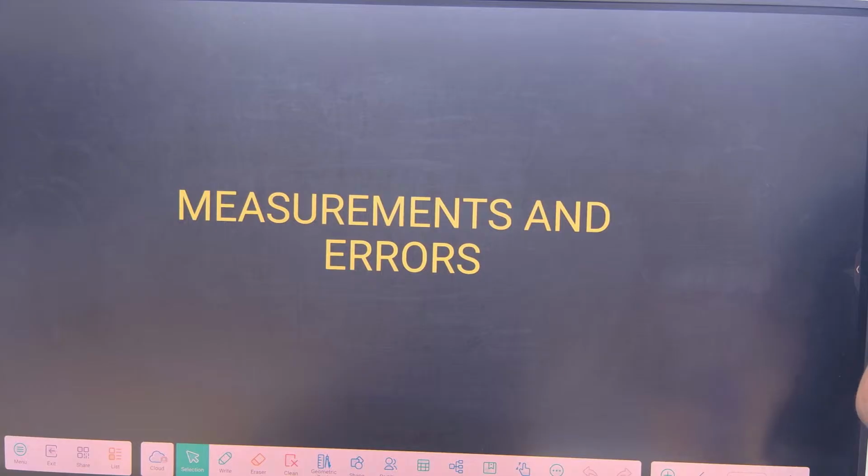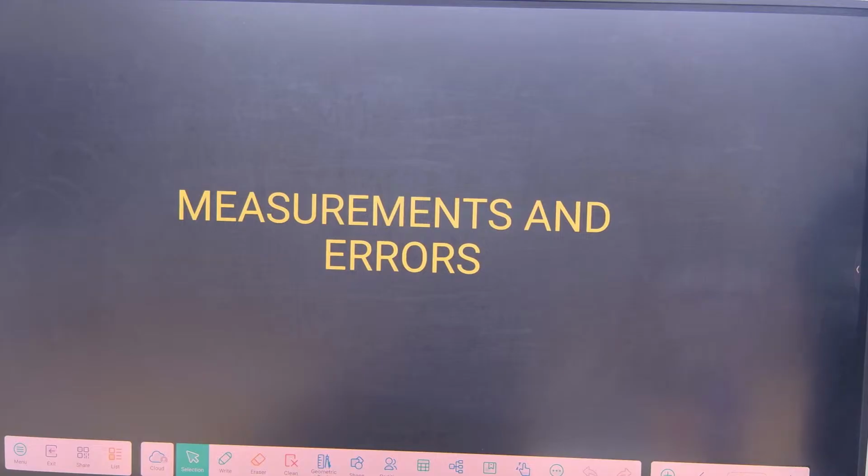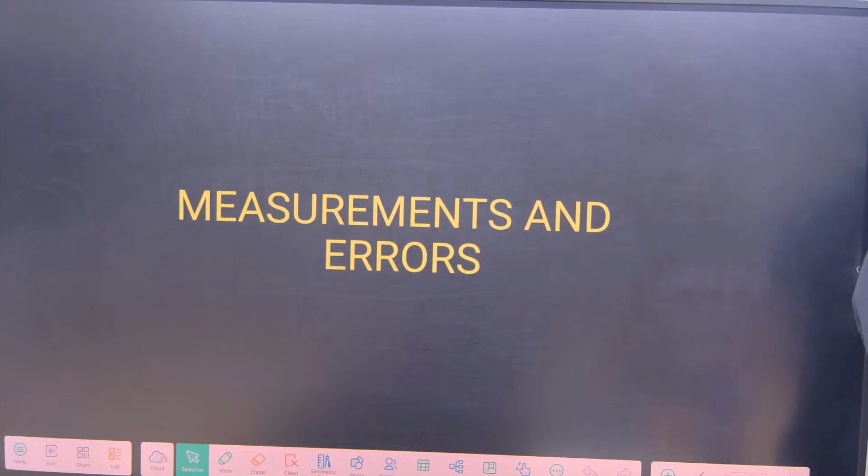Jahiruddin Hussain, we were concentrating on the measurements and errors and units and dimensions. Yeah, we'll start. We'll wait for 1 minute, as students are joining, offline and online, both.